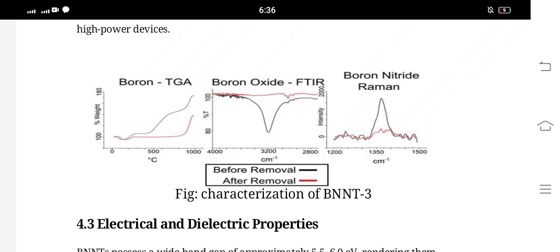High resolution TEM images reveal well ordered hexagonal boron nitride lattice fringes, confirming the formation of sp2 bonded boron-nitrogen networks. This ordered atomic arrangement is responsible for the excellent mechanical strength and thermal stability of boron nitride nanotubes. Overall, this figure confirms that boron nitride nanotubes have a clearly crystalline structure, controlled morphology, and purity suitable for advanced applications.